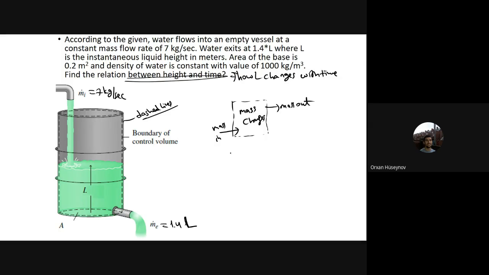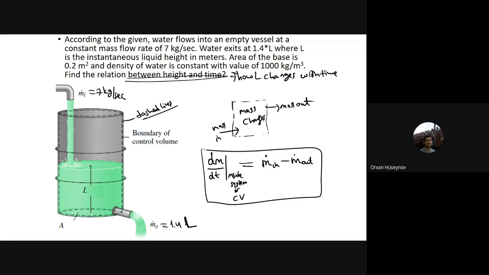Therefore the change of mass, dm with respect to dt inside the control volume, will be equal to the mass flow rate into that system minus the mass flow rate out of that system. This will be the equation that I'm going to solve. This is very important. This one will give you an important result.